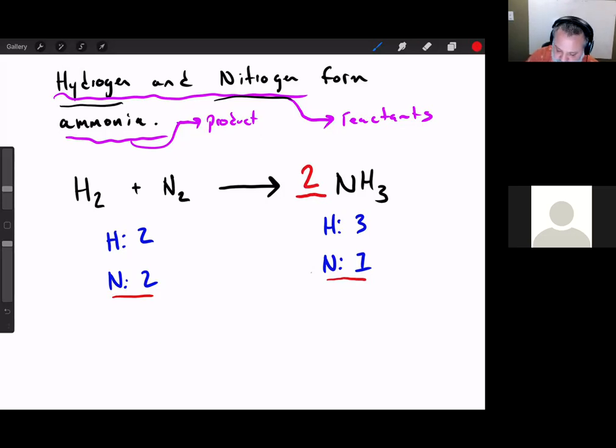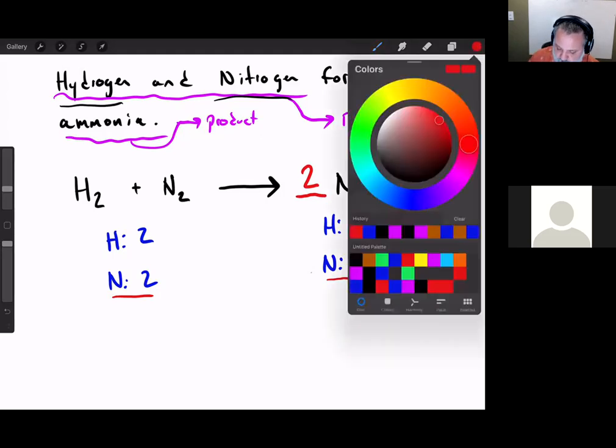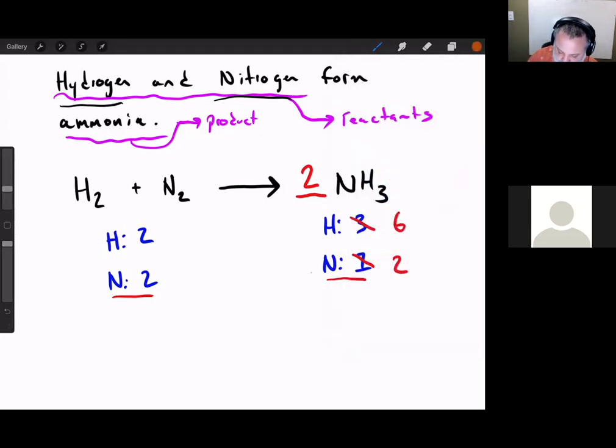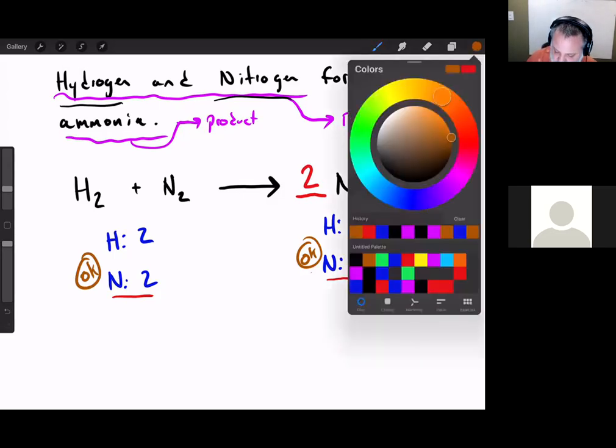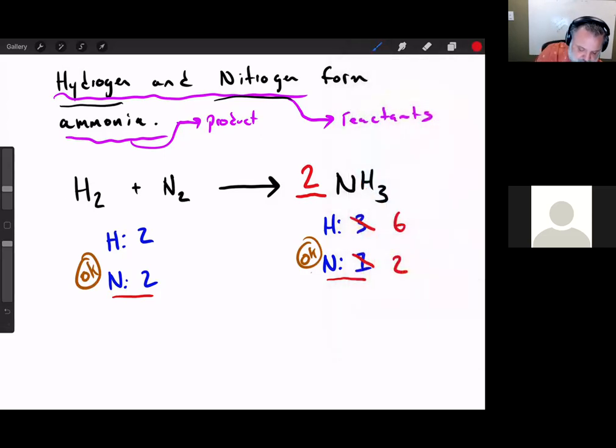So how does that change the count? I have 2 nitrogens, but what do I have with hydrogen now? Now I have 6. Okay, so far I'm okay with nitrogen. I got the same values, but I still have to deal with hydrogen. So what can I do to get the hydrogens to be the same?